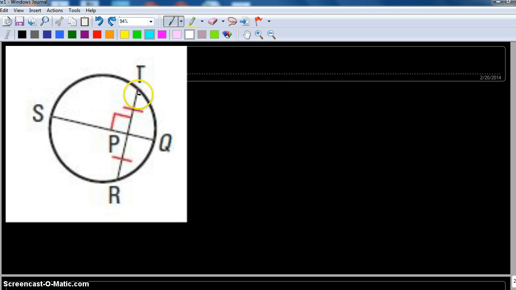In this one, here we have 2 chords. We have TR as a chord, and so is SQ.